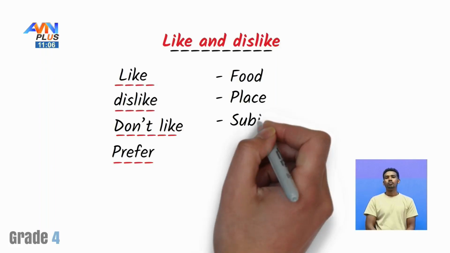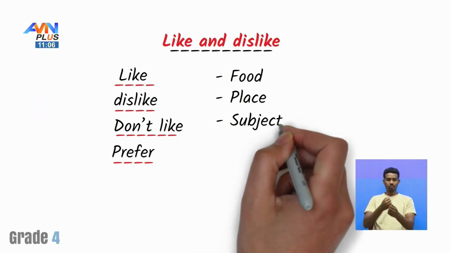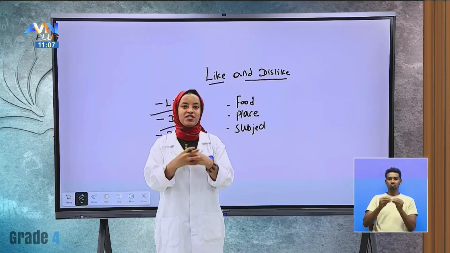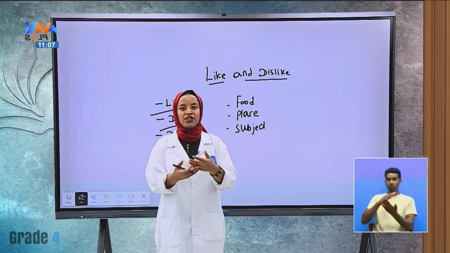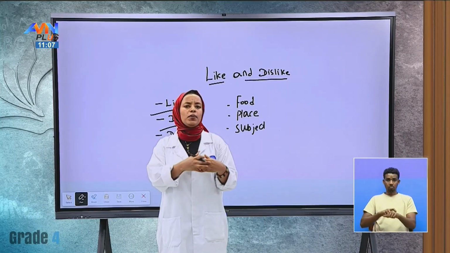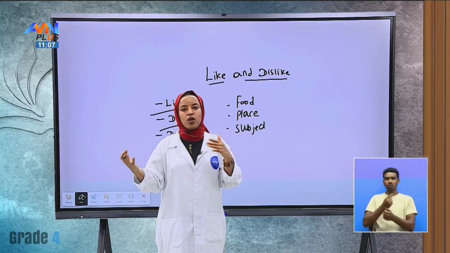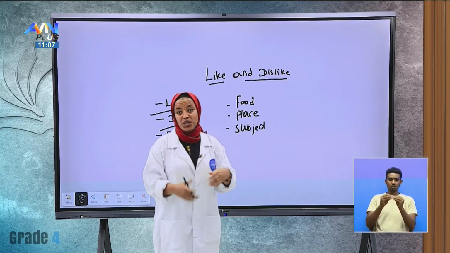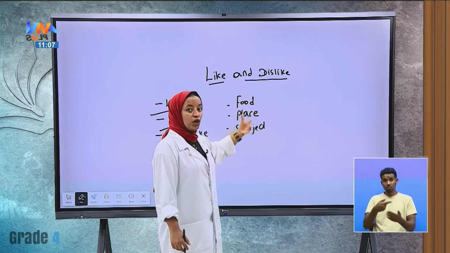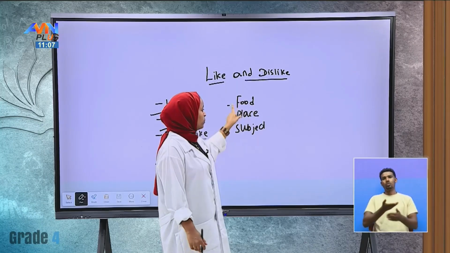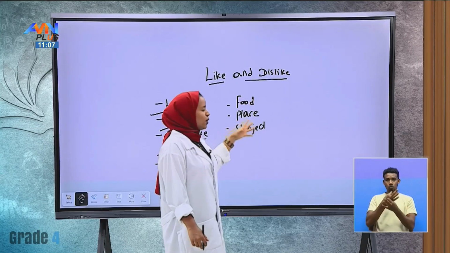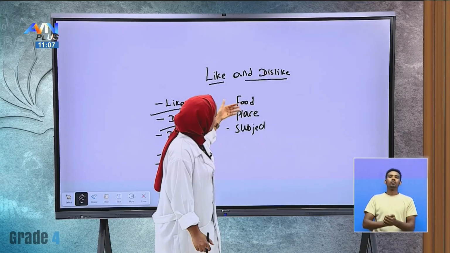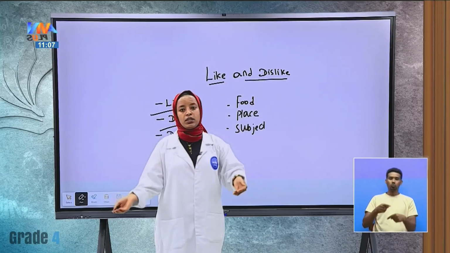Some students love sport, and you are going to like mathematics. You should like every subject the same, but sometimes you prefer some subjects as a hobby. Sometimes sport, sometimes art, sometimes music, sometimes mathematics, sometimes language too. These are a preference, what you prefer and what you like. It's sometimes a food, a place, a subject, and also a person too. So you can prefer, like and also dislike.